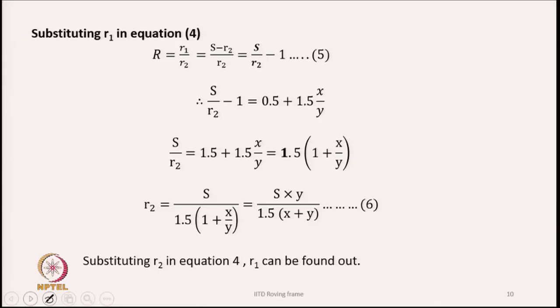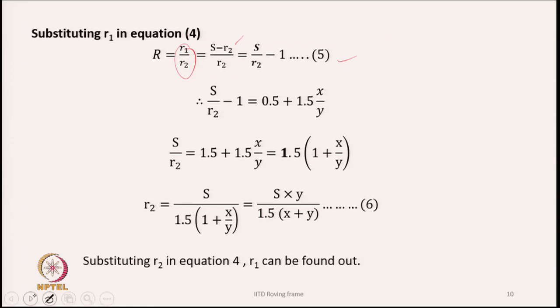Substituting small r1 in equation 4, r is small r1 by r2, because it is the ratio, and replacing r1 by capital S minus r2, we write that capital R is s by r2 minus 1, which is equation number 5.